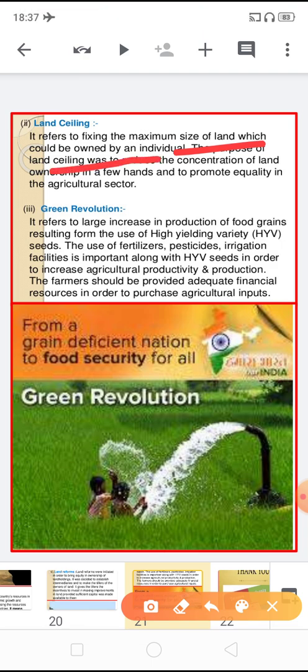And the green revolution is where the government introduced high yielding varieties of seeds to protect the farmers' crops and to increase agricultural productivity and production. So the farmer should be provided adequate financial resources in order to purchase the agricultural inputs.